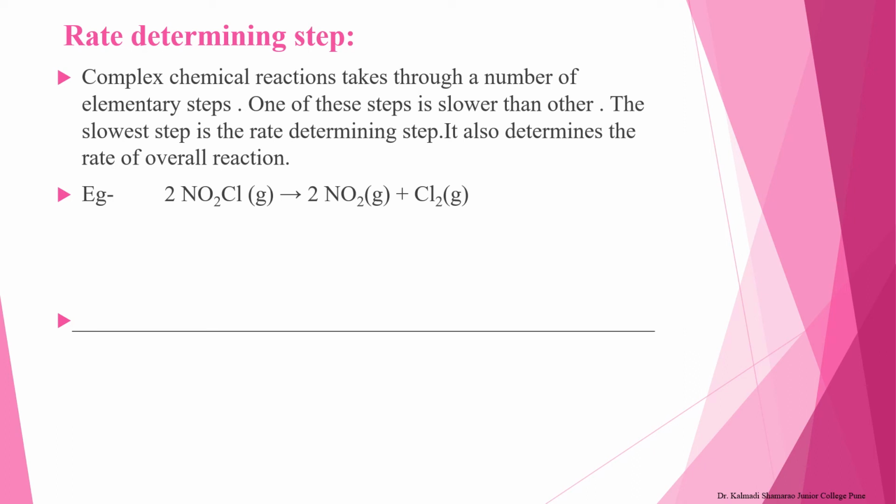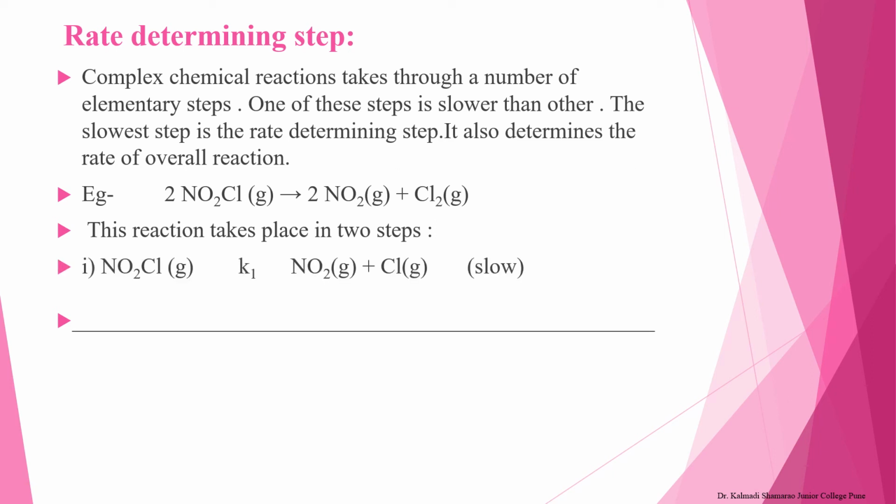2NO2Cl gives 2NO2 plus Cl2. This reaction actually takes place in two steps. First, NO2Cl gives NO2 plus Cl, and second, NO2Cl plus Cl gives NO2 plus Cl2.